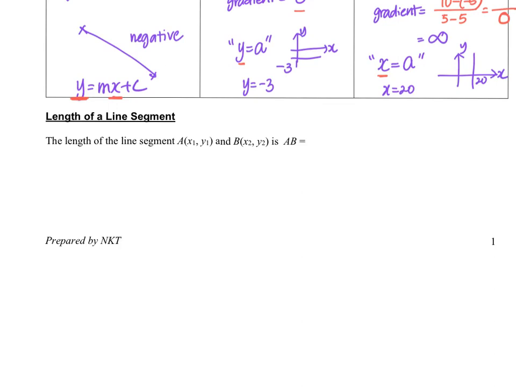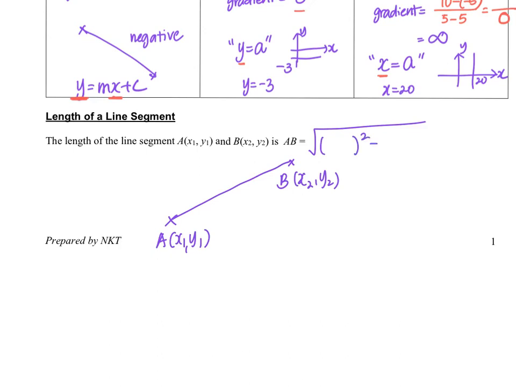If you are given a point A is x1, y1, and a point B is x2, y2, the length of this line segment is given by the square root of something square plus something square, which is y2 minus y1 square, x2 minus x1 square. It doesn't matter which position you write first, as long as you match the x2 with x1, y2 with y1.